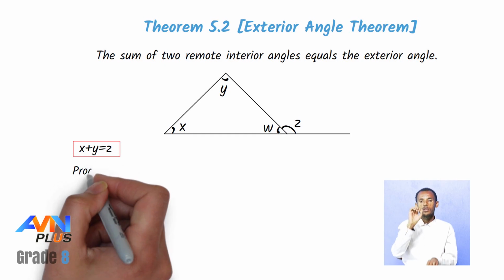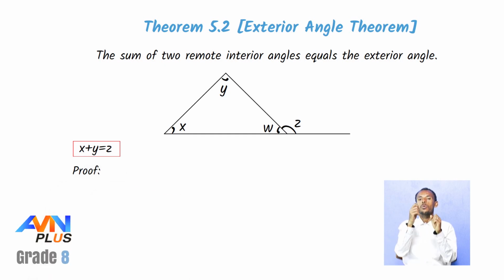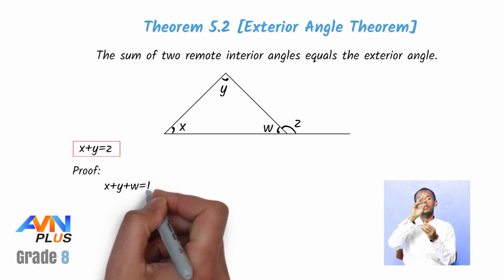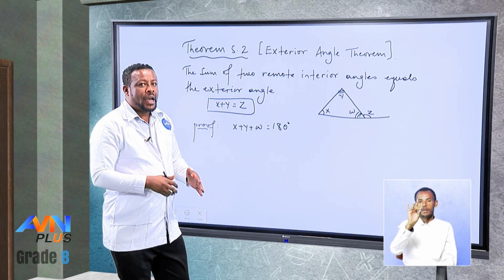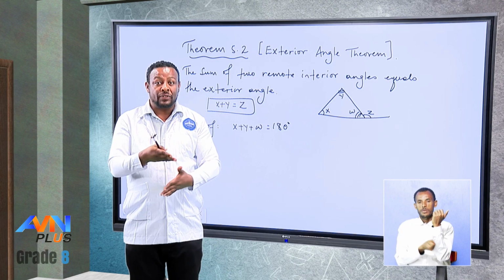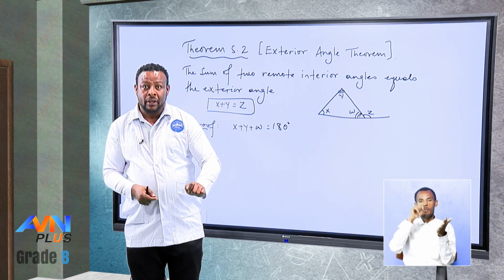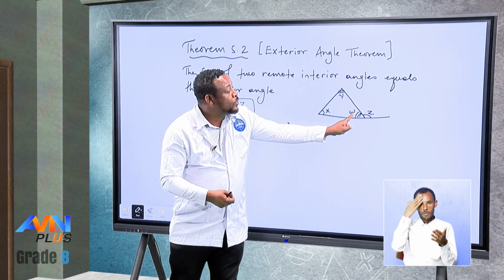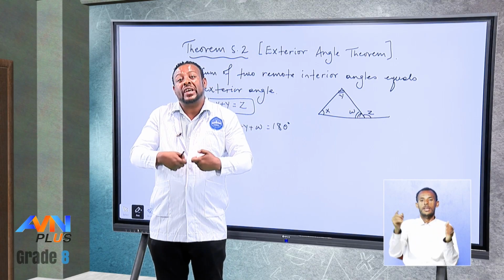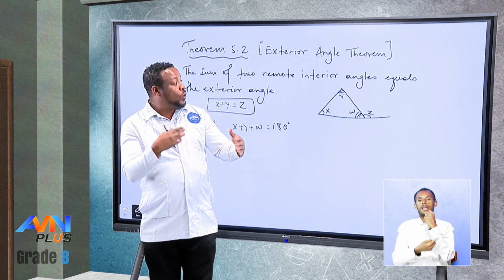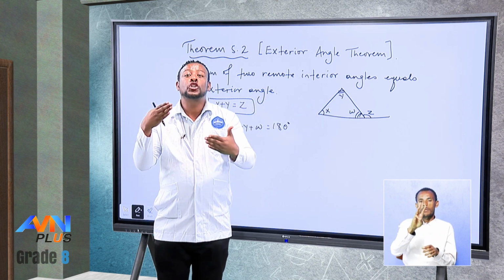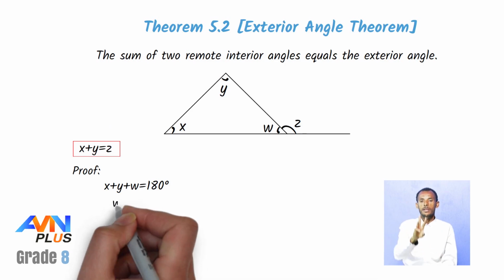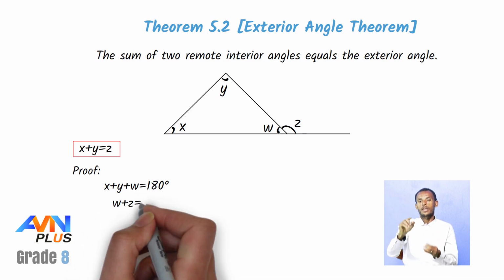This is based on the theorem that we have seen in 5.1. The other thing that we need to know is W and Z together form a straight angle, right? So W plus Z should be 180 degrees.